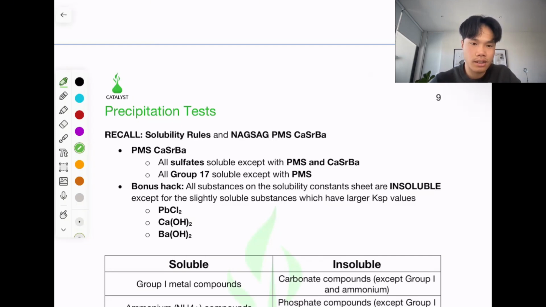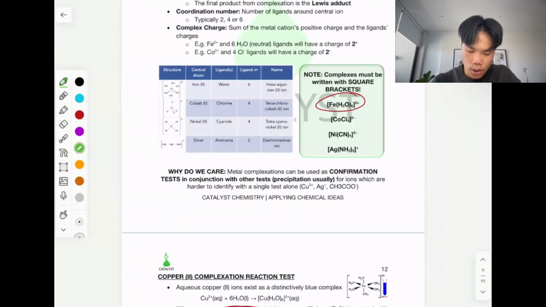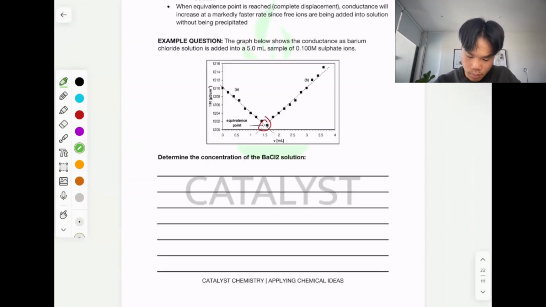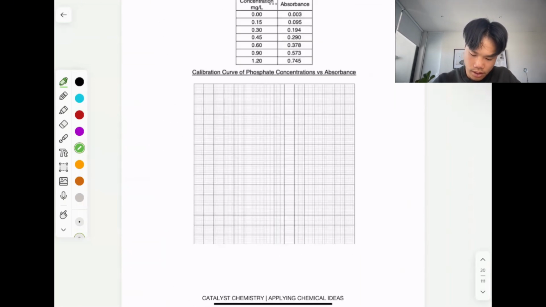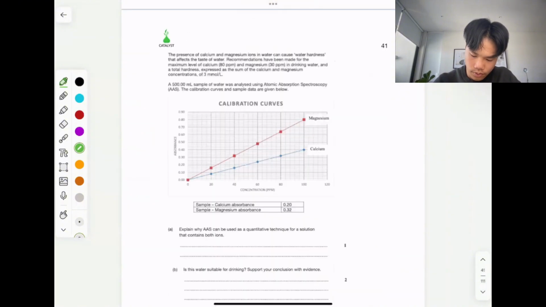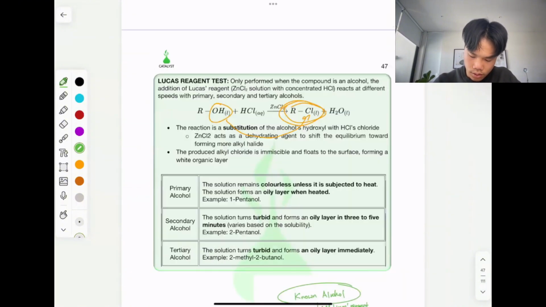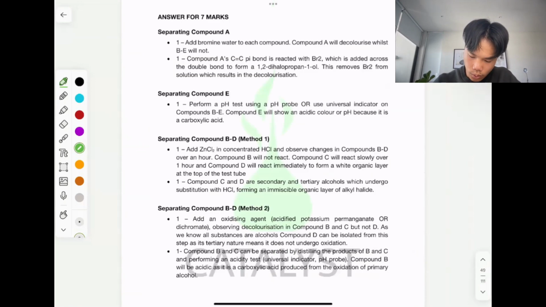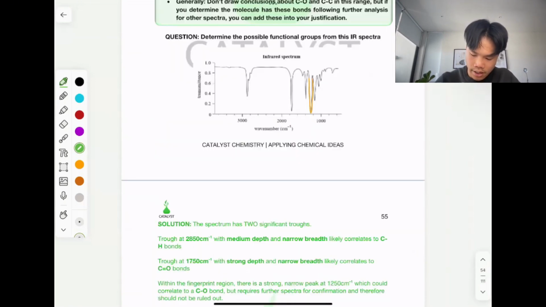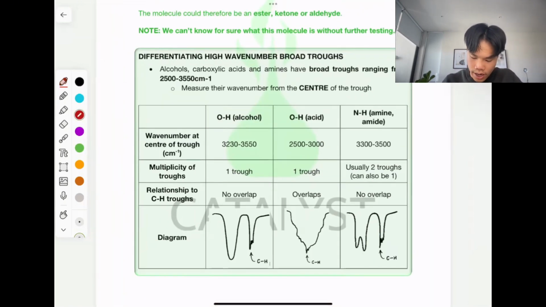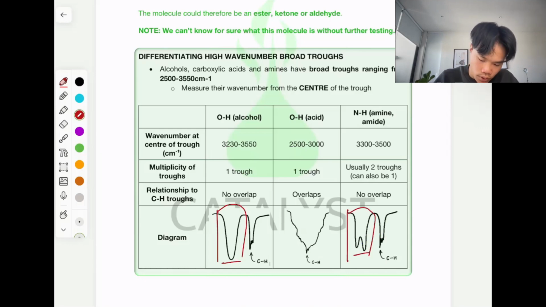Can we go over overlapping in IR spec? Overlapping as in for the broad troughs, you mean? Yes. All that means is when you have a broad trough such as alcohol, carboxylic acids, hydroxyl, or the amine, alcohol and amine will not overlap with the CH trough that exists around, I think it's usually like 2,900-ish.